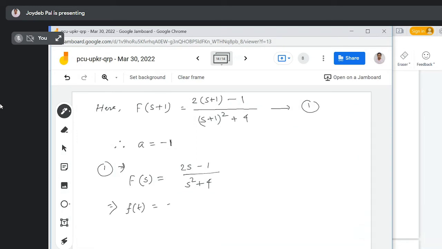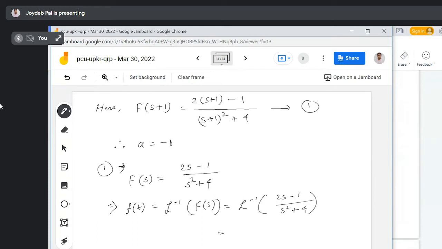f(t), that is Laplace inverse of F(s). तो Laplace inverse of (2s minus 1) divided by (s square plus 4). What is it? Can you tell me? From this line, it may be unclear to you that which formula it needs.